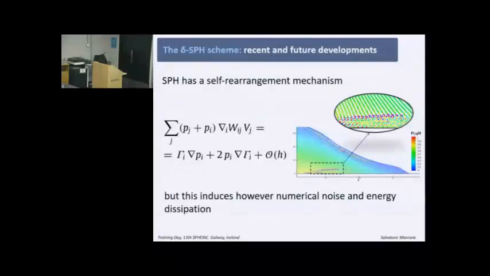And this term, when particles are regular, uniform, is 0, because the gradient of gamma is 0 when particles are regular. While where particles are disordered, this term points toward the voids, toward the irregularities.